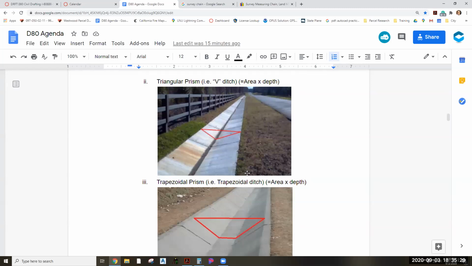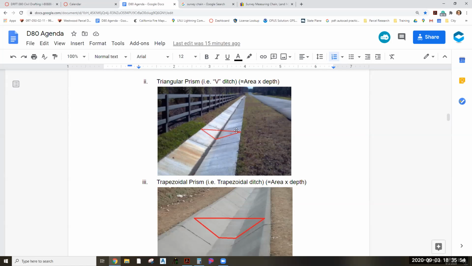So in all the shapes that we deal with in civil, at least for this class, you have linear distance, you have area, and then you have volume of shapes that are polygons or circles. We're not doing spheres, we're not doing ellipsoids, we're not doing any of that beyond stuff.